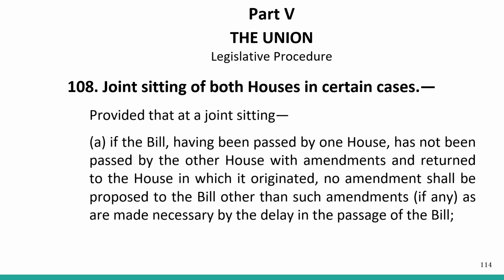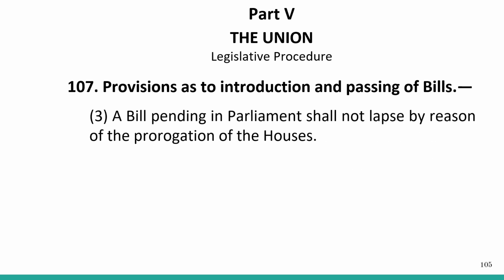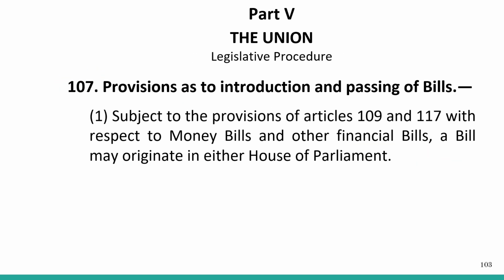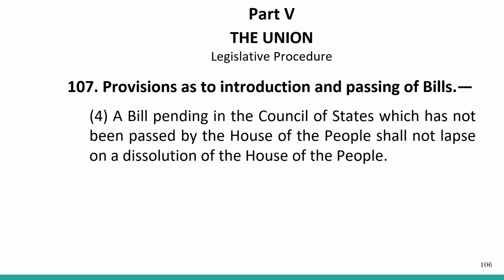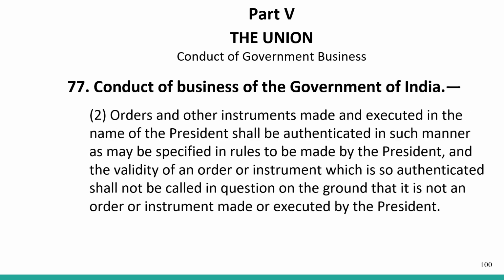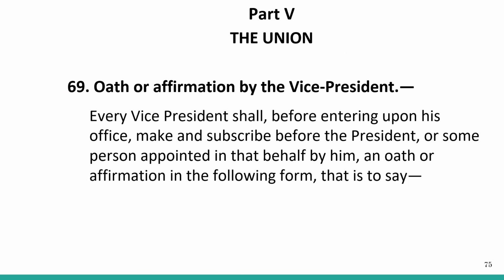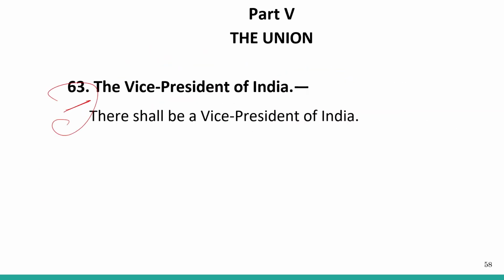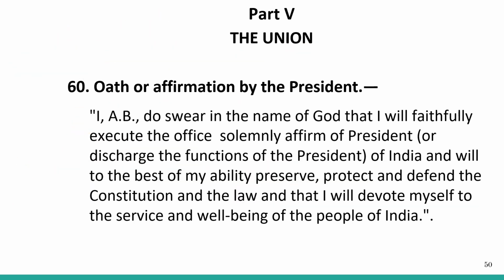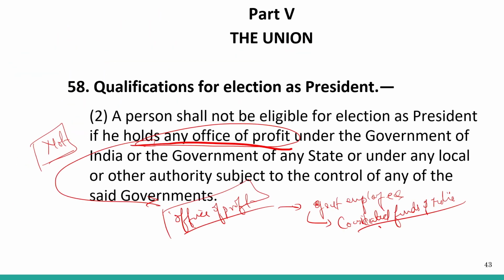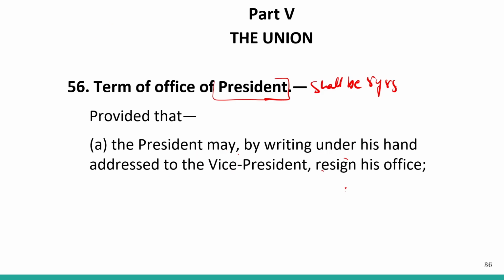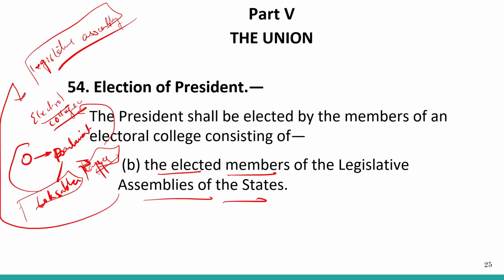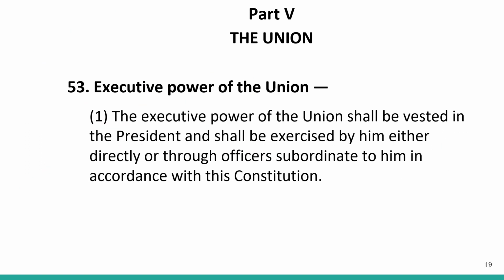So that is more than sufficient for you to remember when you talk about the executive. This covers the president and the vice president and the Council of Ministers, who will be there to aid and advise the president in his working in regards to the executive functions of the government.